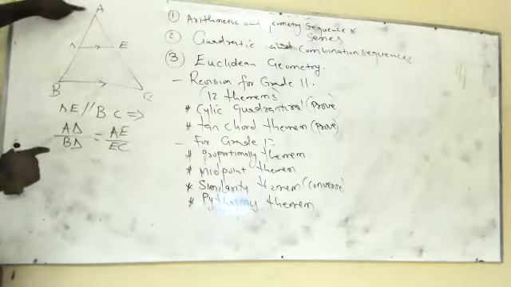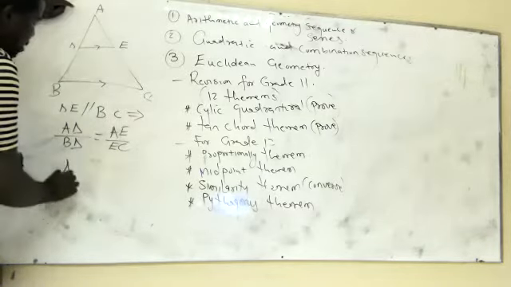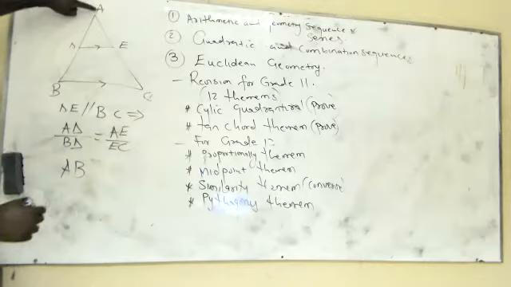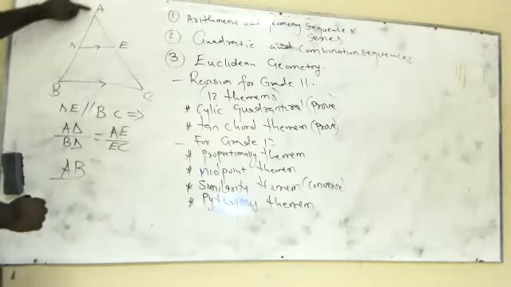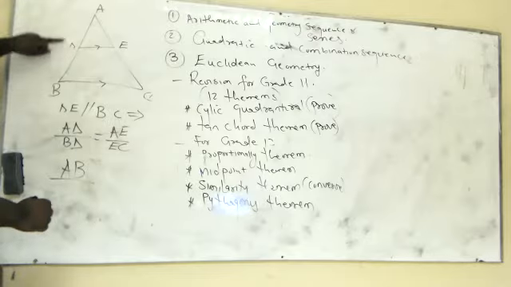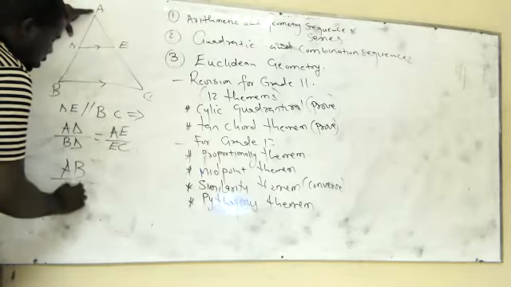Instead of saying AD divided by BD, you can now say AB, the distance from here to there, divided by whatever distance, maybe AD. Let me use AD.